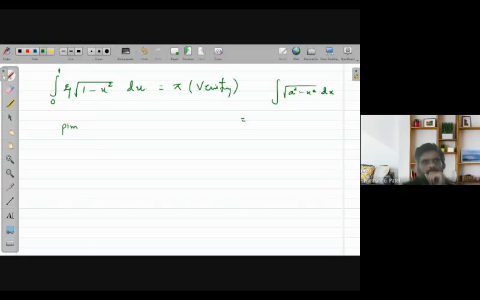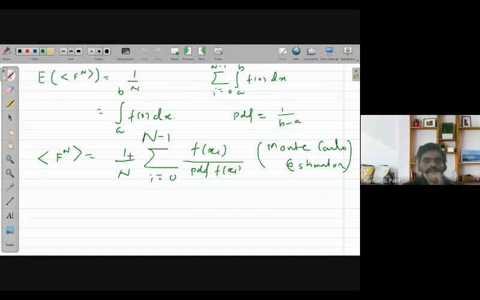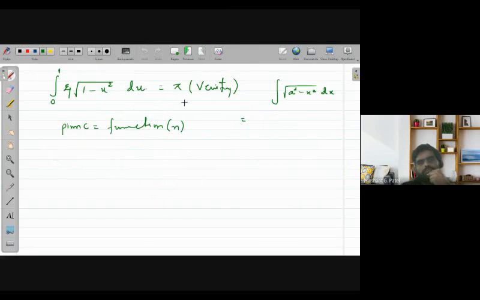So if you want to estimate this integration using this, I am making a function called pi_mc. Why am I calling it pi_mc? Because it estimates the value of pi. It is a function of n, the number of points, the summation running over how many points are required. Then I'm generating this u.